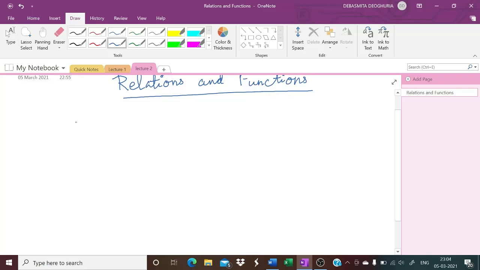So let's start. Now, today the first thing would be cardinality of a set. So what is the cardinality? The cardinality is the number of elements present in a set.